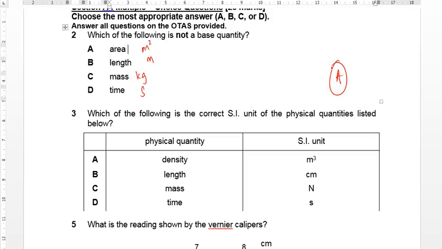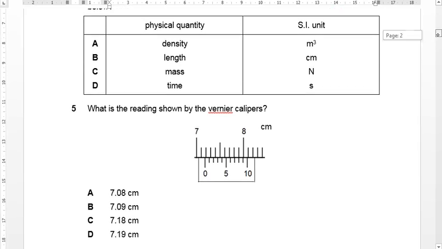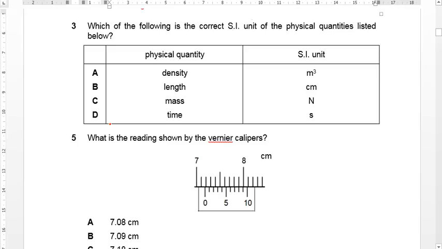Next question. Which one is the correct SI unit? Density is actually kilogram per cubic meter. So C is wrong.